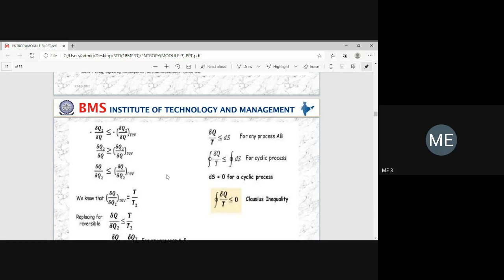That is dq2 divided by dq is greater than or equal to dq2 divided by dq reversible. Now I'm taking dq2 as the denominator of dq. Instead of taking it in the denominator, I'm taking it in the numerator.